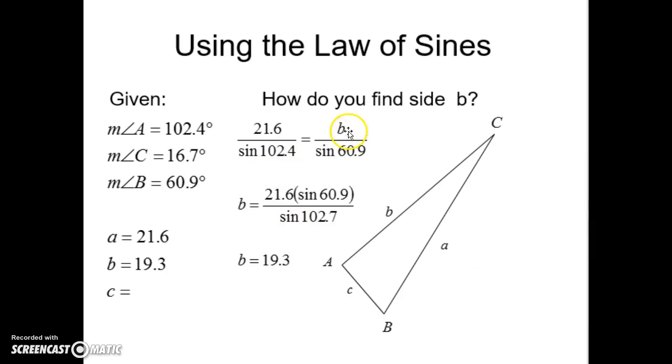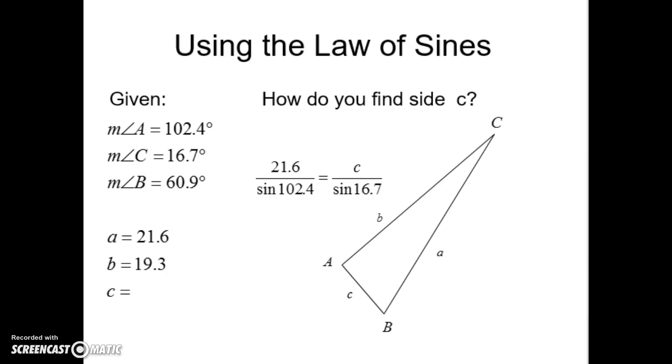So we're going to solve this for b. b equals, if we cross multiply and then solve for b, 21.6 times the sine of 60.9 divided by the sine of 102.4. If we do all that work using our calculator, and I haven't shown all that on here, you can pause the video and find those values and substitute them in, but I didn't want to waste time on the video doing that when I know you're perfectly capable of doing it. And when you round that accurately to the first decimal place, b becomes 19.3.